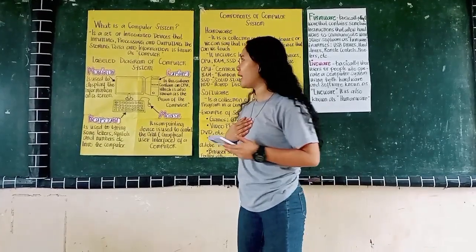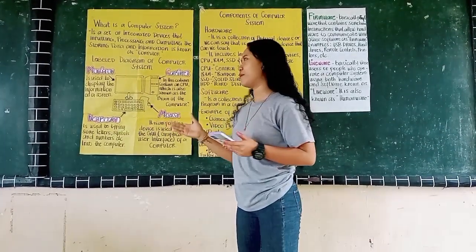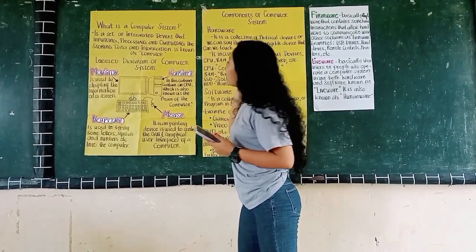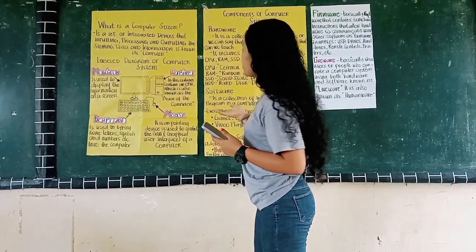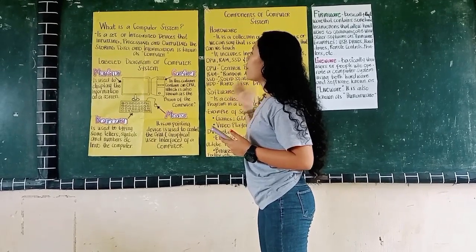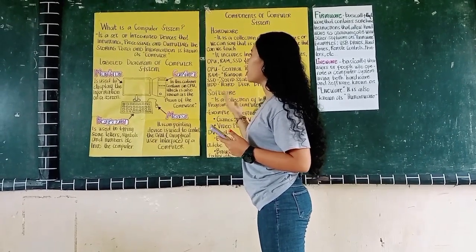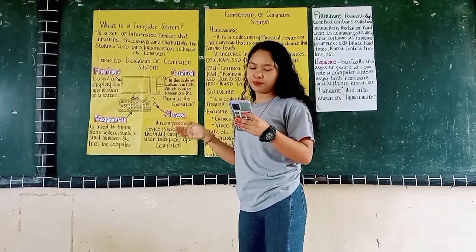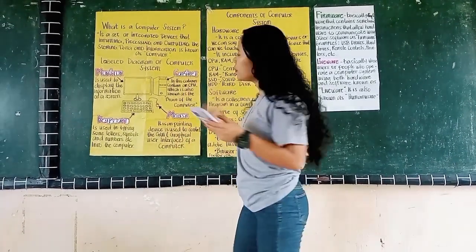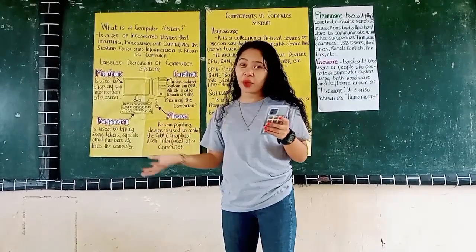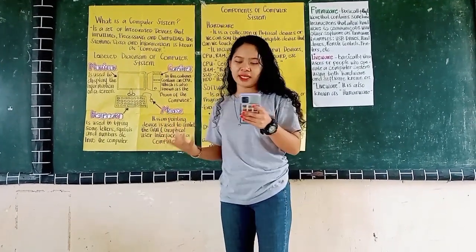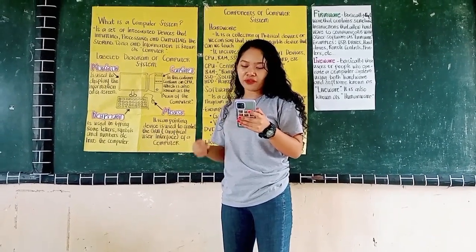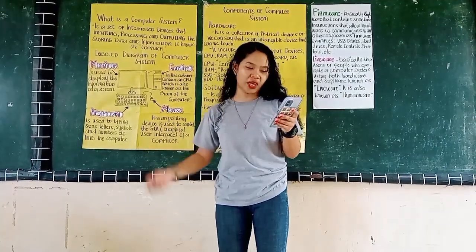So my topic for today is all about computer system. So first, let's define what is computer system. Computer system is a set of integrated devices for inputting, processing, outputting, and storing data and information. Basically, a computer system is a combination of hardware and software devices that help computers to receive data or information by communicating with each other.